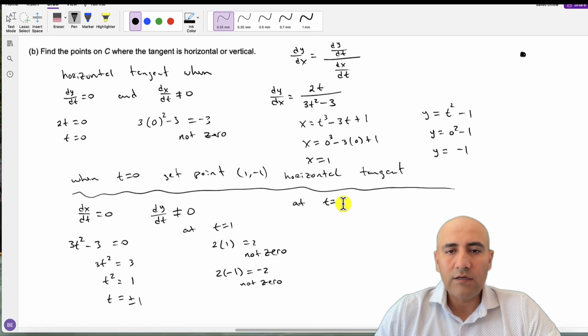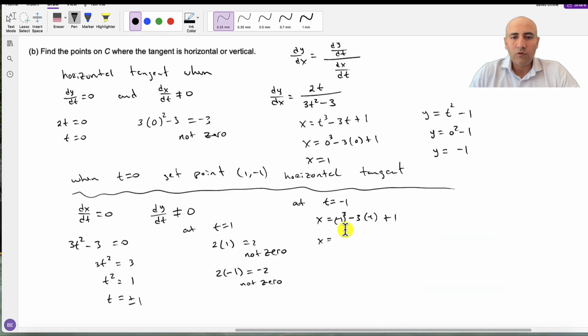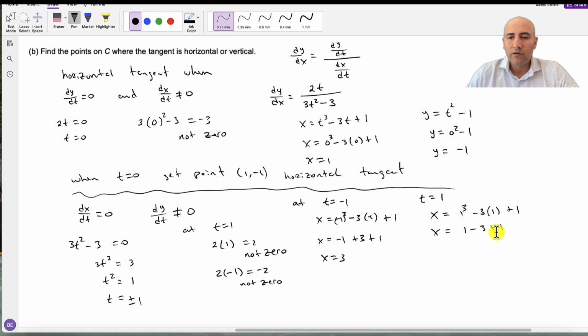So at t equals negative 1, we end up with an x value of negative 1 cubed minus 3 times minus 1 plus 1. So x equals minus 1 plus 3 plus 1, so x equals 3. And at t equals positive 1, we end up with x equals 1 cubed minus 3 times 1 plus 1, which gives you x equals 1 minus 3 plus 1, which gives you negative 1.